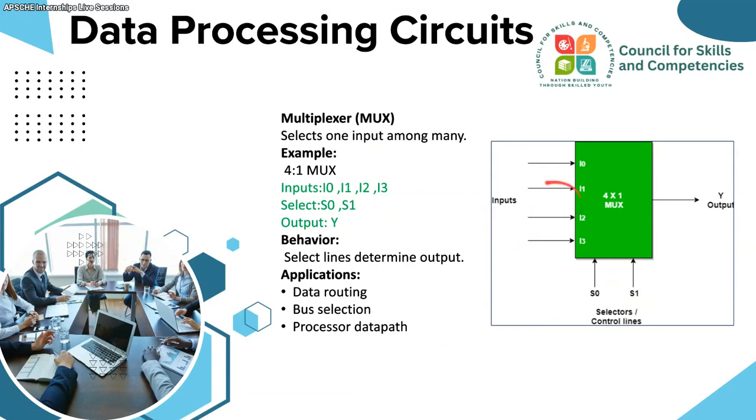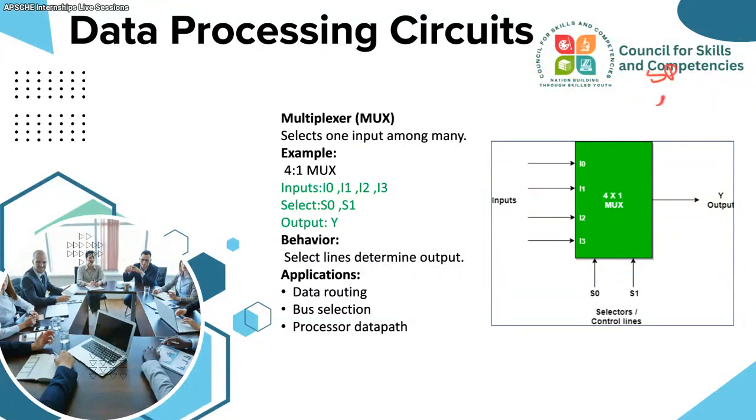Using that control circuit, you can make this work as a switch. You can see this in microcontrollers where the GPIO pins are multiplexed. One pin can act as an input pin or an output pin or a UART TX pin or an SPI SDA pin.